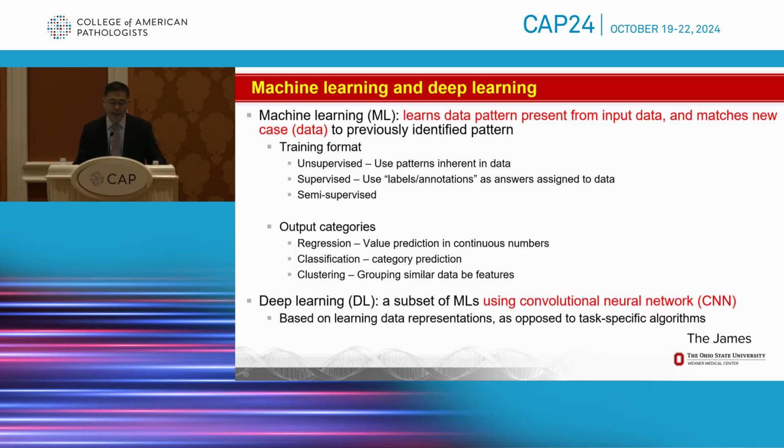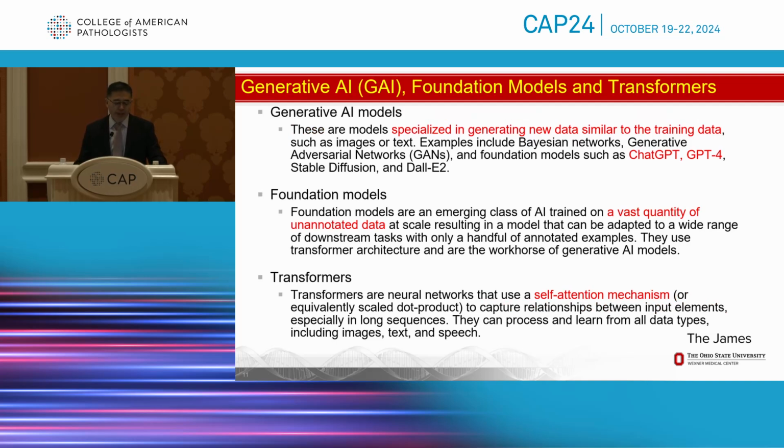Deep learning is a subset of machine learning using CNN, convolutional neural networks, to learn data to predict future data. More and more new models are emerging, including generative AI. These are models specialized in generating new data similar to the training data, such as ChatGPT, GPT-4, and others.